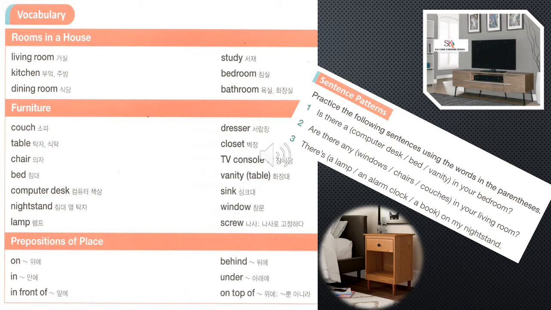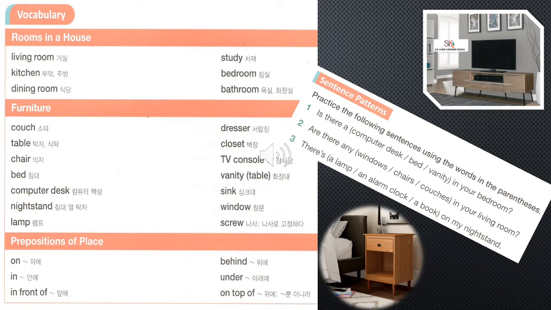We also have some prepositions of place. These are useful to describe where things are. So on, in front of, behind, under, on top of. These are not all of them. There are also ones like next to, between, things like that. There's also a few sentence patterns here. So for example, is there a vanity in your bedroom? Is there a vanity in your bedroom?